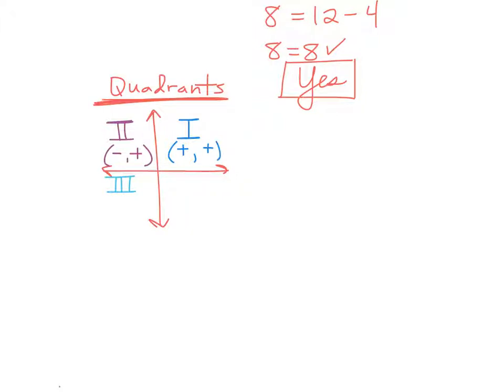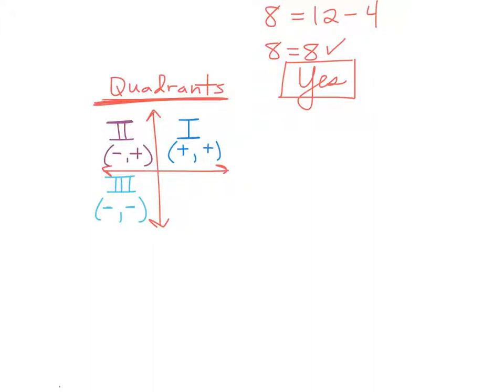All right, so quadrant 3 is here. What are your x and y? Both negative. You're moving to the left, which is negative, and you're moving down, which is negative. Okay, so that's negative, negative. Looks like a person.